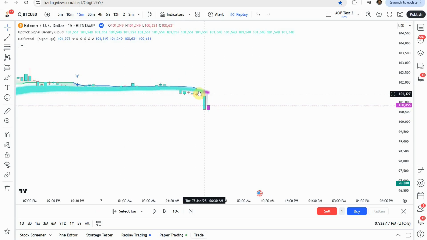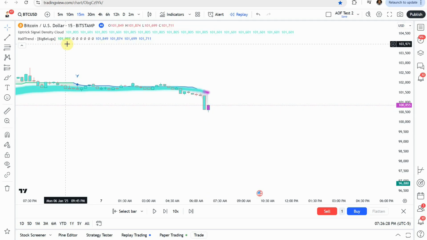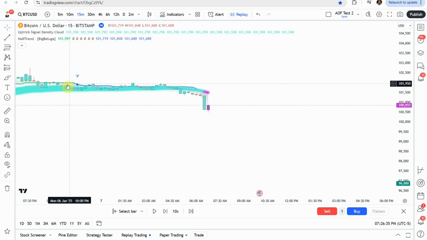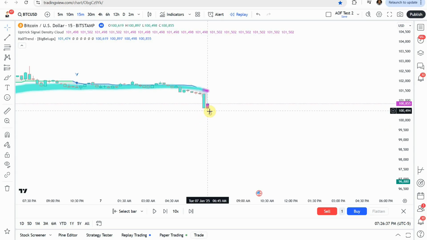Now it's kind of hard to see because it's actually buried in behind the density cloud. But if we hover over this candle right here and we look at this number right here above my mouse, you can see that it is that bluish color that we are looking for from the half trend instead of the green color like right here. And so that'll be the signal to then enter into a short.